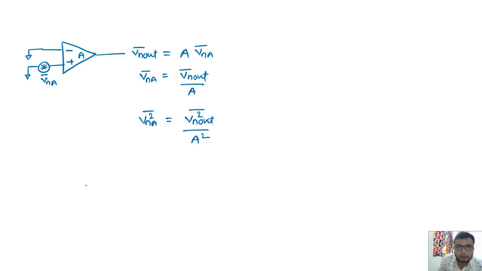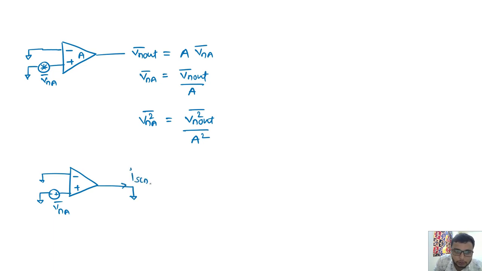And if we have a short circuit current at the output, the other way of modeling it is this. So this is grounded, and the direction of the noise voltage does not matter, but anyway I have mentioned it. If I want to calculate the input referred noise, there is another way: calculate the output short circuit current noise.